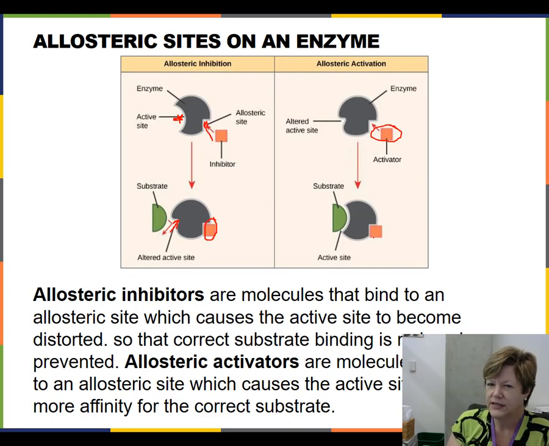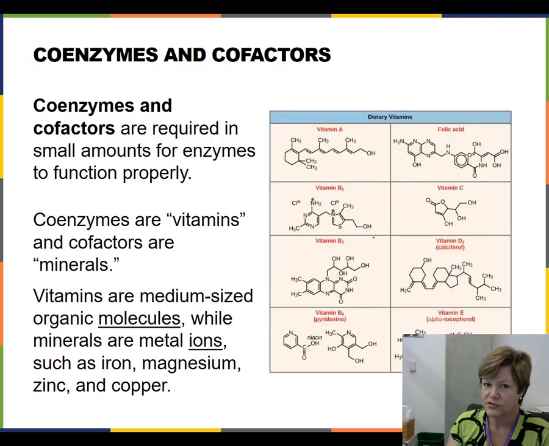We name the molecule, in this case the red square, based on what its effect is on the enzyme once it binds. If it inhibits the reaction or stops the reactions from happening, it's an inhibitor. If it causes more reactions to happen, we call it an activator. And some enzymes have both activators and inhibitors.